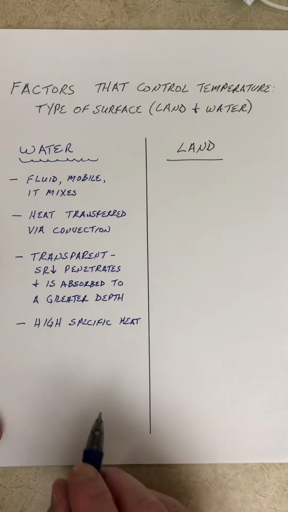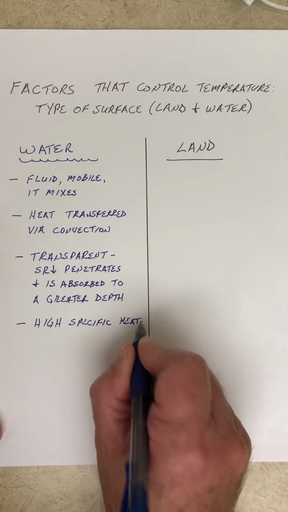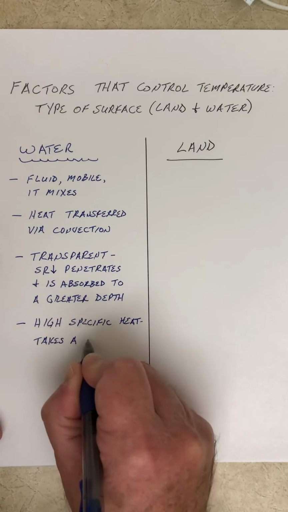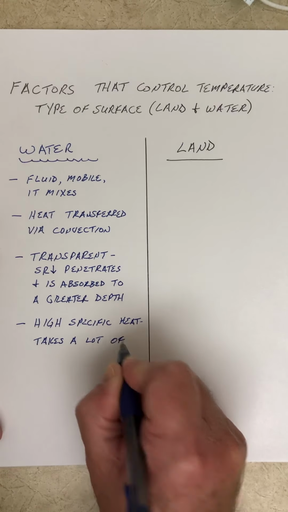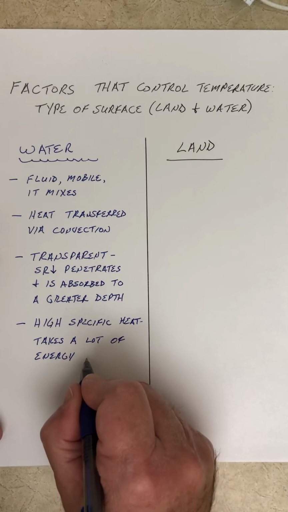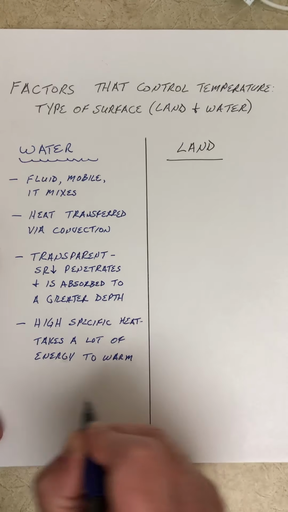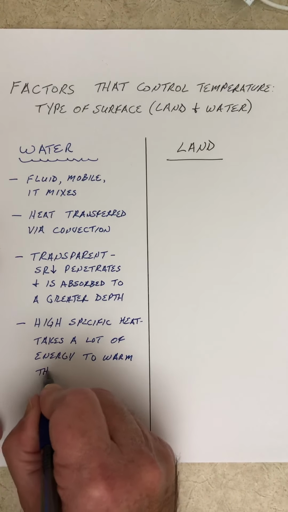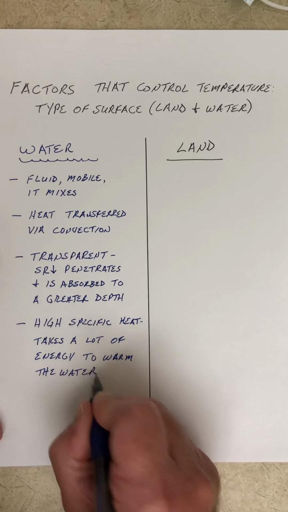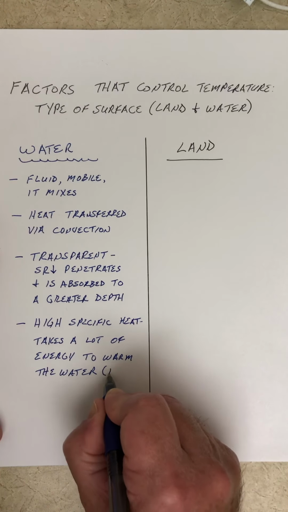And so water has a high specific heat, which means that it's going to take a lot of energy to warm that water. But it'll also hold on to that energy for a long time.